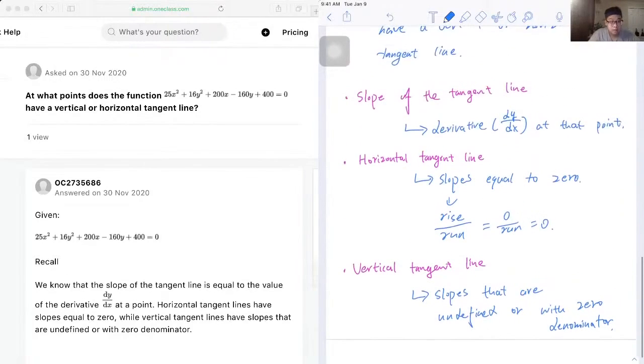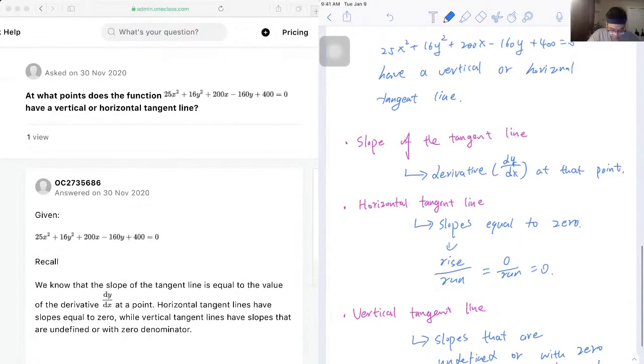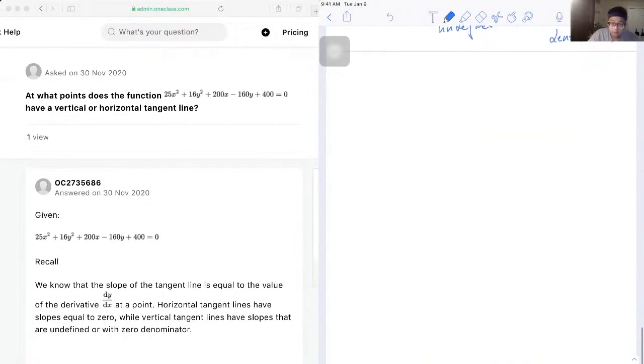Okay, so those are the 3 things we need to know before we solve this question. And now let's go back to the actual question. We're going to approach this by getting the derivative of the function by implicit differentiation.